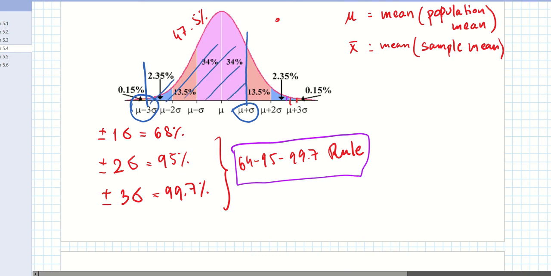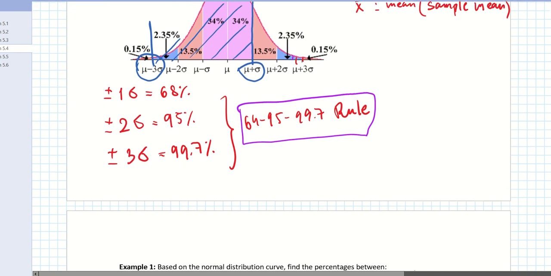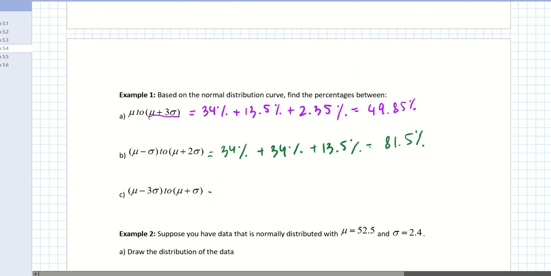So we're going to add the 2.35 plus 13.5 plus 34 plus 34. That's going to be the total area covered between those two values. So here we have 2.35 plus 13.5 plus 34 plus another 34.